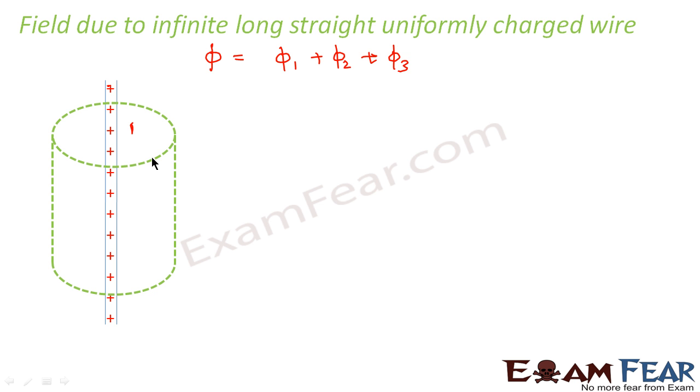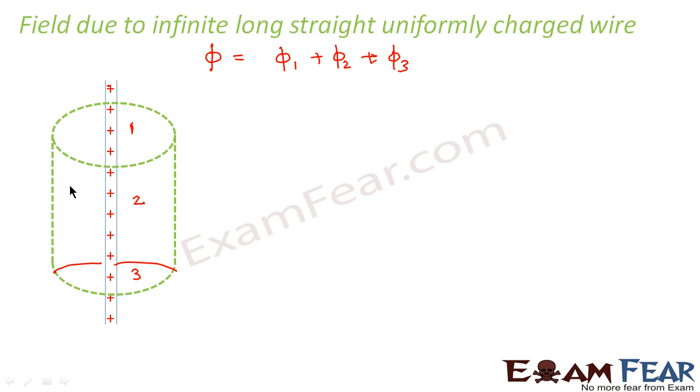This circular surface is surface 1. This is surface 2, that is the body of the cylinder, and again this lower circular surface is surface 3. So the total flux through this cylinder will be equal to phi 1, that is flux through this surface, plus flux through this surface, plus flux through this surface, right? So we will calculate each of them one by one.